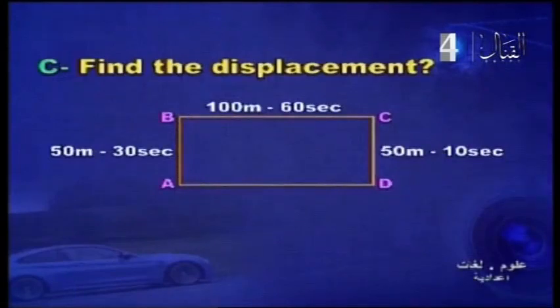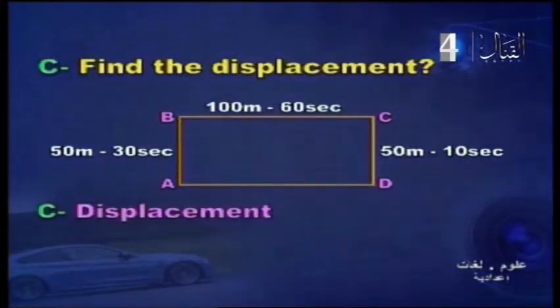Find the displacement. Okay, here the body starts from A to B to C to D and stopped. So displacement is the straight line between the starting point and the final point. So here displacement is 100 meters.